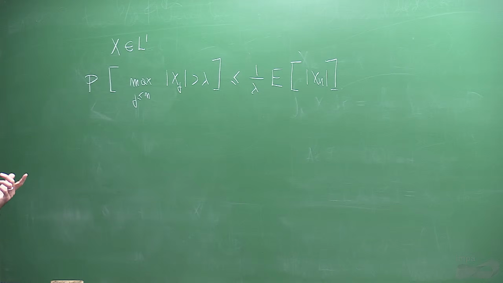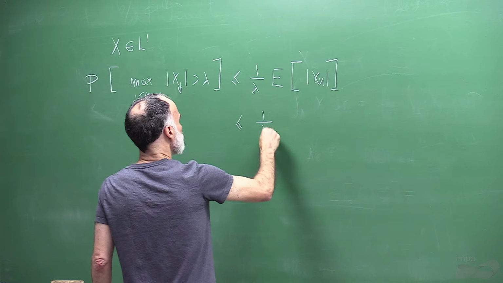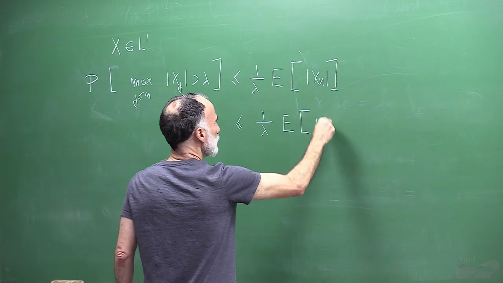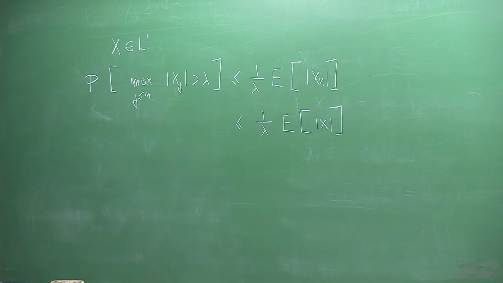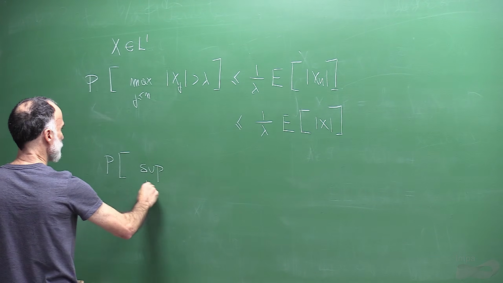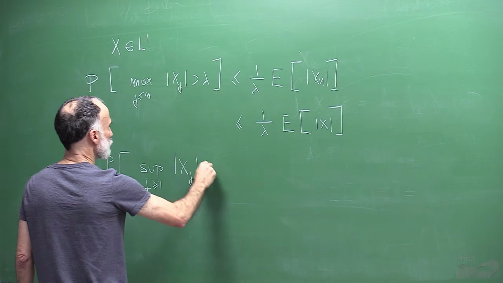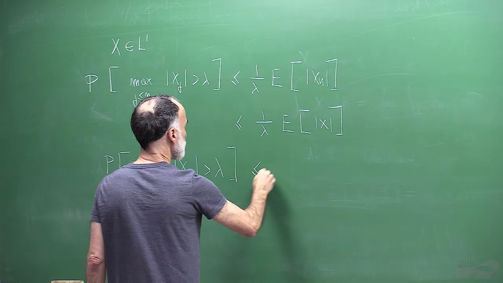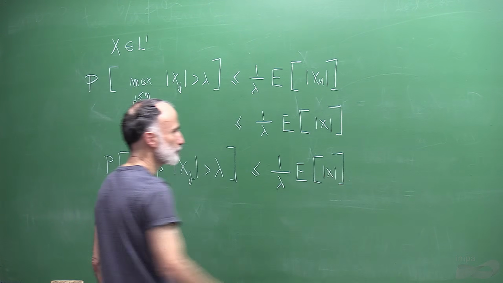But Xn is the conditional expectation of X, so this is also bounded by 1 over lambda times the expectation of |X|. Now the right-hand side doesn't depend on n, so I can send n to infinity to conclude that the probability that the supremum of |Xj| is larger than lambda is bounded by that.